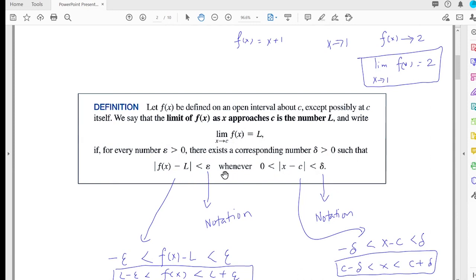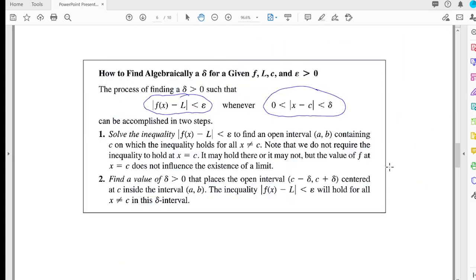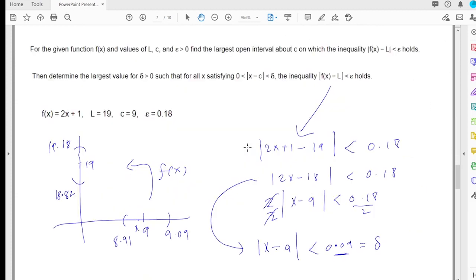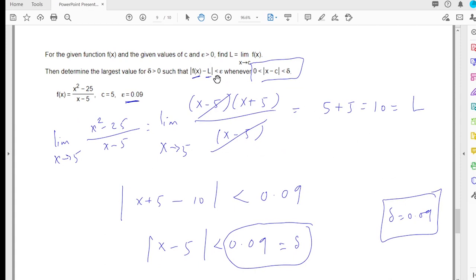That's our main goal in this section. And for finding that, we either have a graph or we just follow these steps. We start with f of x minus L, and we try to simplify that, and we try to get x minus c is less than some number, and that number would be our delta.